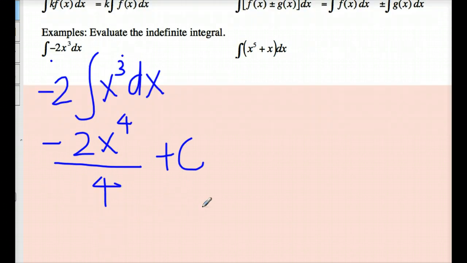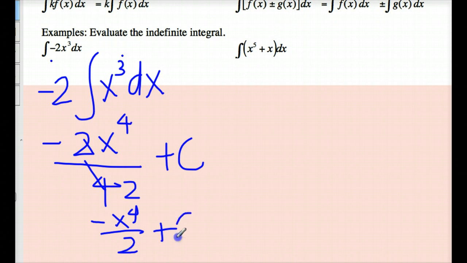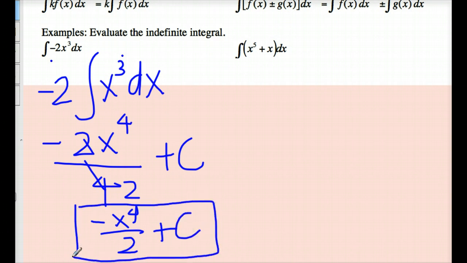And then I'm going to need to simplify this, and I know these cancel, and I will get negative x to the 4th over 2 plus c. Go ahead and try to find the derivative of this, and if you do it correctly, you should get the answer right here.